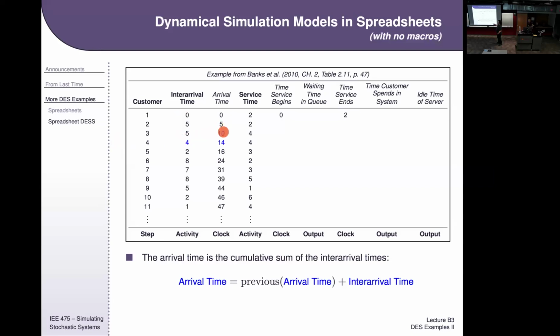The previous customer arrived at time 10, so 10 plus 4 gives me 14. If I implement that in these cells and fill them down, then all the arrival times are basically the cumulative sum of all of the inter-arrival times, just like I was saying at the beginning of this lecture. So that's easy. I can just fill that down and I've got all of my arrival times.